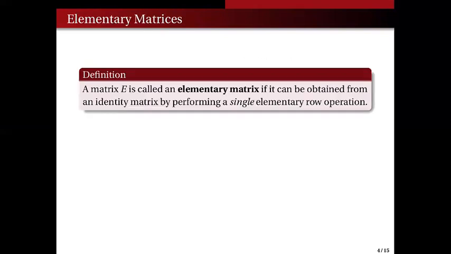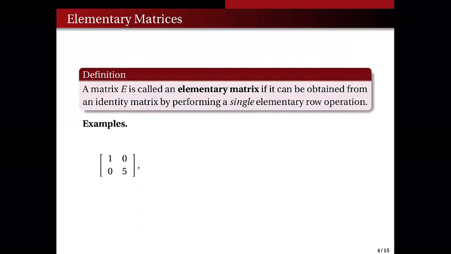Now, a matrix E is called an elementary matrix if it can be obtained from the identity matrix by performing a single row operation. Okay? For example, this guy here, 1, 0, 0, 5.